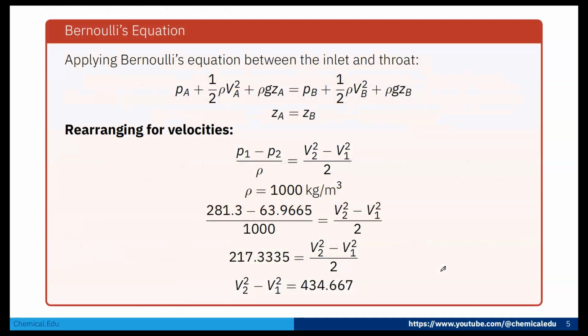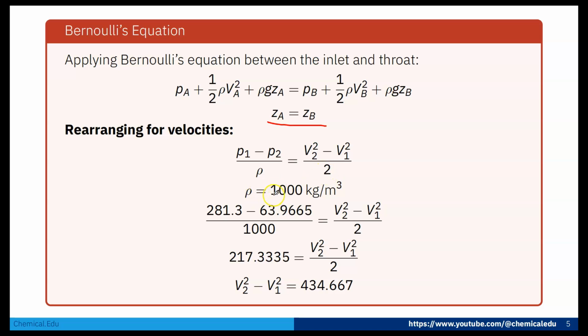Now if we apply Bernoulli's equation between inlet and throat, so here is the Bernoulli's equation: PA plus half rho VA square plus rho g ZA is equal to PV plus half rho VV square plus rho g ZV. So ZA is equal to ZV, so we can rearrange for the velocity. So (P1 minus P2) by rho is equal to (V2 square minus V1 square) by 2.